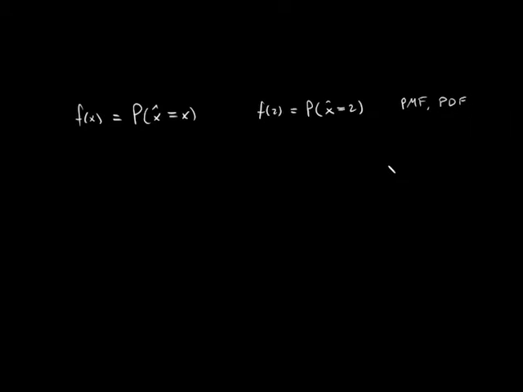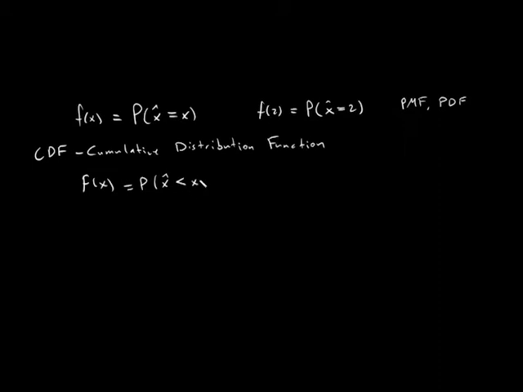Now there's also something called a CDF, which is the cumulative distribution function. We denote it with a big F, capital F of x. And essentially, instead of taking the value exactly at x, it's all values less than x.